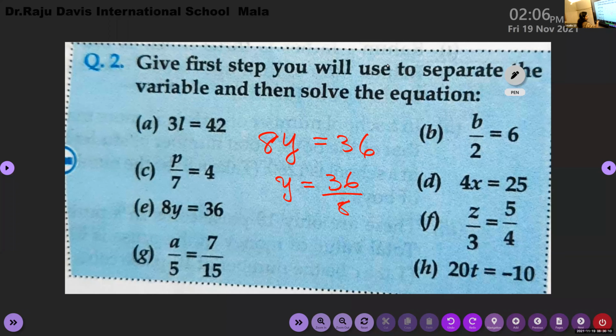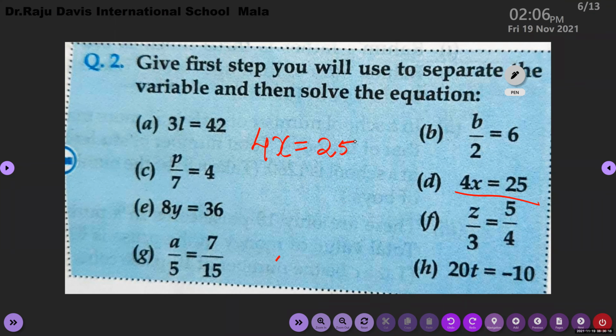Okay, next one, it is this one, children. 4x is equal to 25. Who can answer?